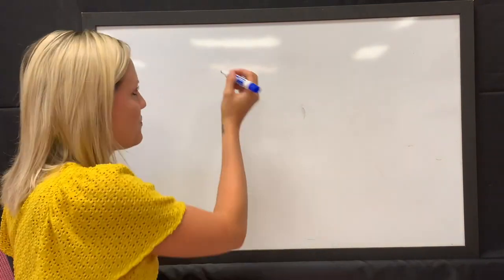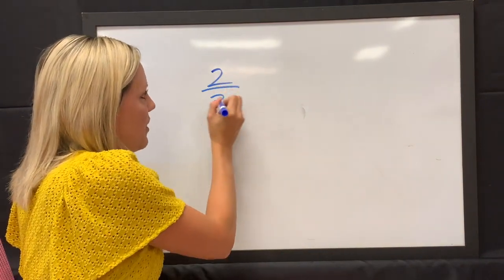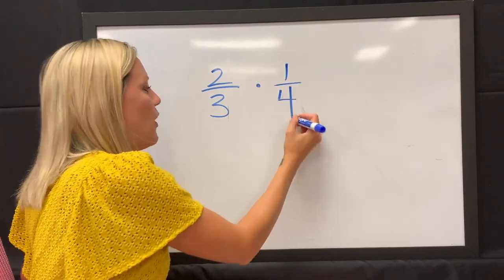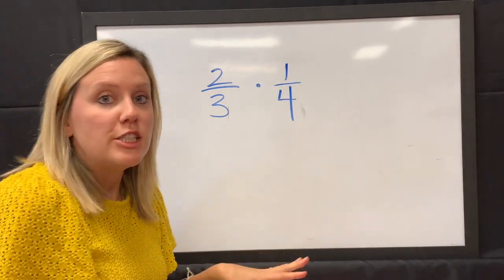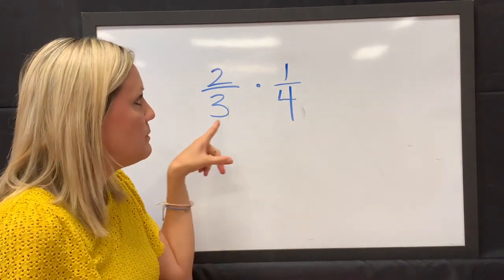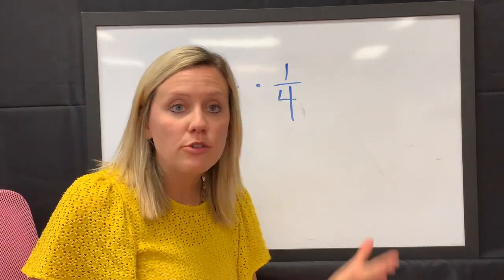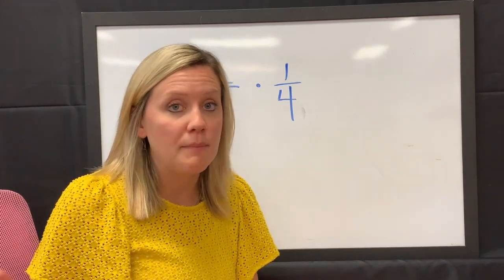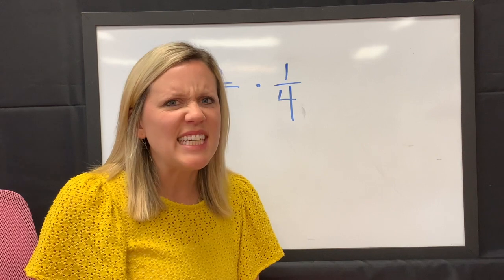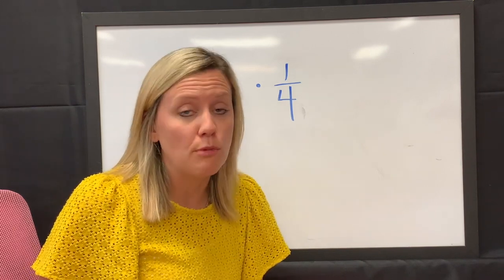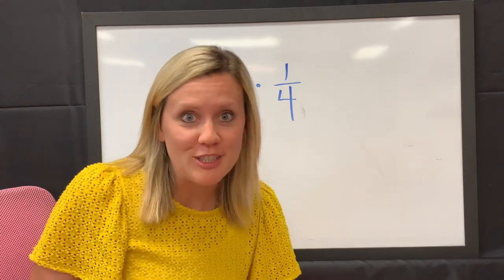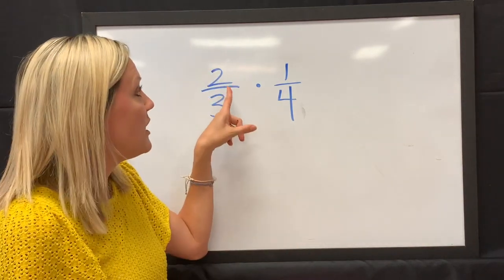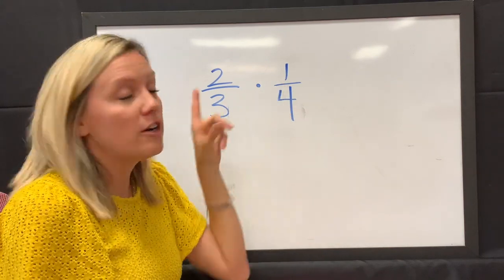Let's do 2/3 times 1/4. Before I multiply 2 times 1 and 3 times 4, I'm actually going to reduce right here because these numbers are a lot smaller than the numbers I'm going to get in the end. And it's just easier to reduce when you're working with smaller numbers. So this is what you do. You look at your numerators, and I have a numerator of 2, and I have a numerator of 1.